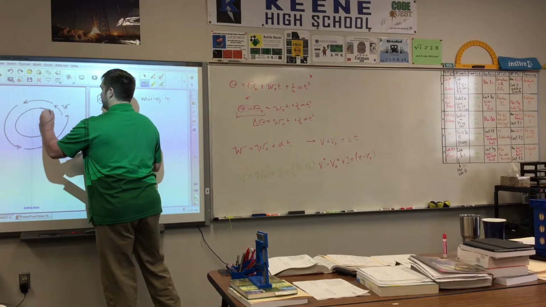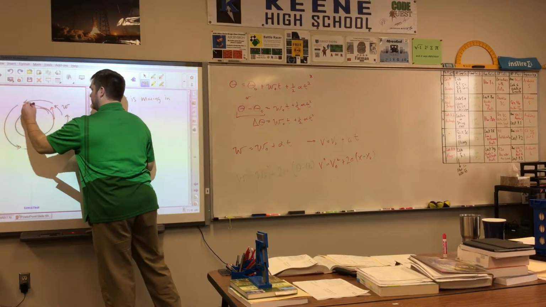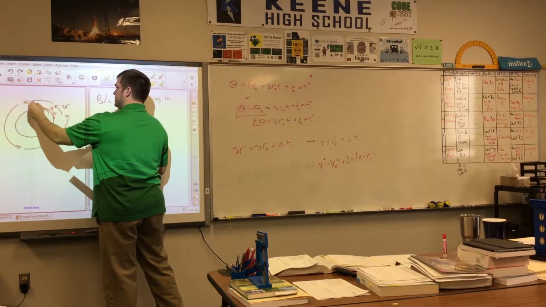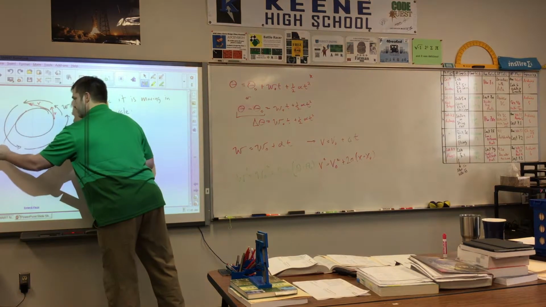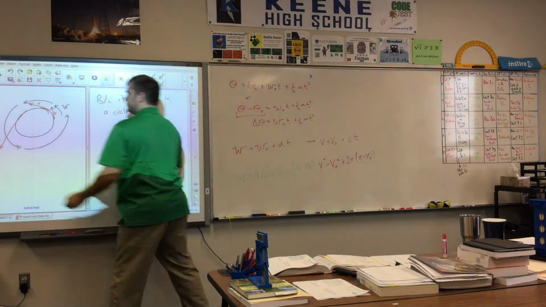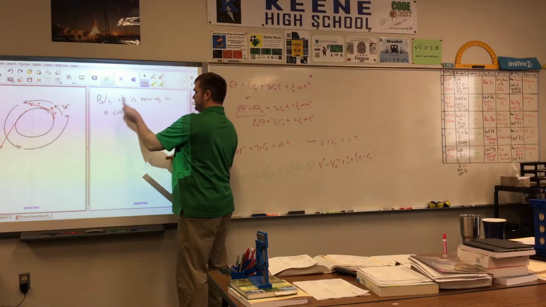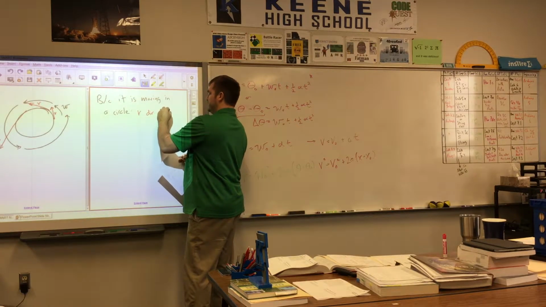Right here, the direction looks like that. Right here, the direction looks like that. This is the velocity. The velocity vector is there, and there, and looks like that. So we could say, because it's moving in a circle, the velocity direction is changing.